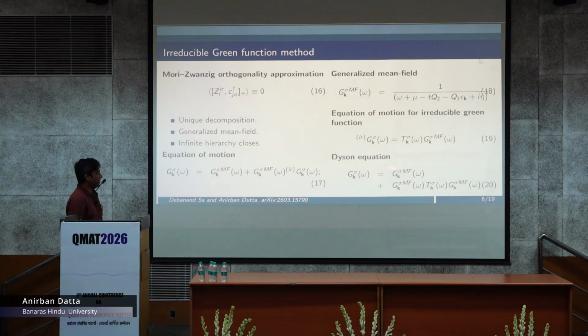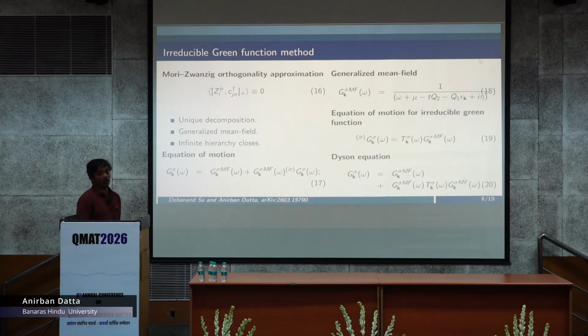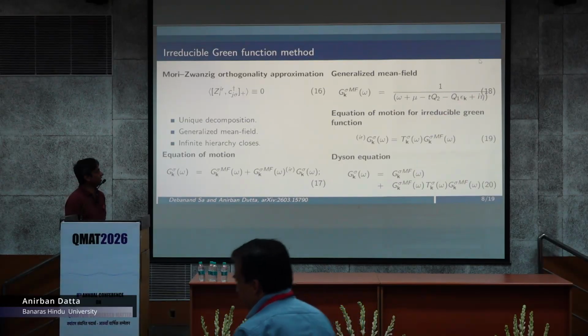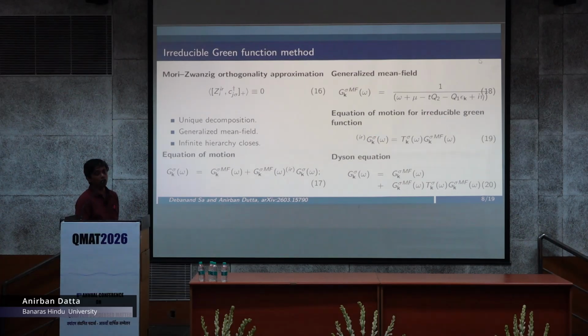You can see that the Q2 term is the usual normal term, which we can absorb in the mu, but Q1 actually modifies the dispersion relation. In the case of a square lattice, the dispersion relation will be some 2t cos k, but it is now multiplied by the factor Q1. So the earlier bandwidth 2t is now reduced to Q1 times 2t, and Q1 is 1 minus n by 2, so it relates to the density.